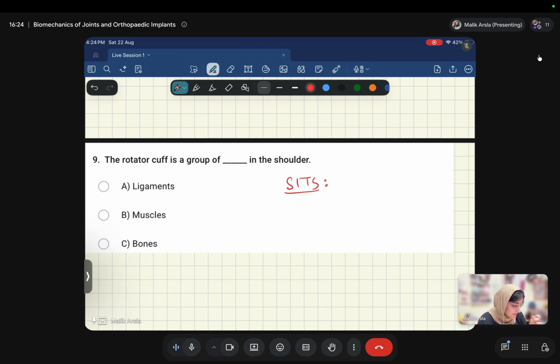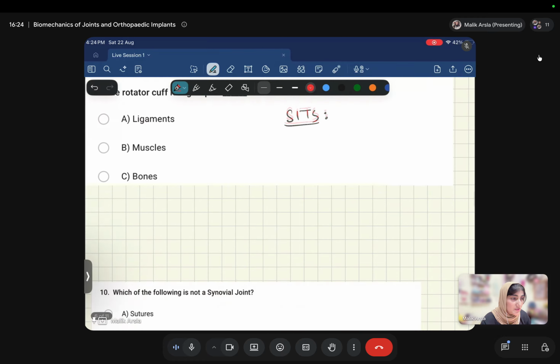So these are the 4 muscles which surround the shoulder, and this group is known as the rotator cuff. These provide motion and stability to the shoulder. Now moving ahead.